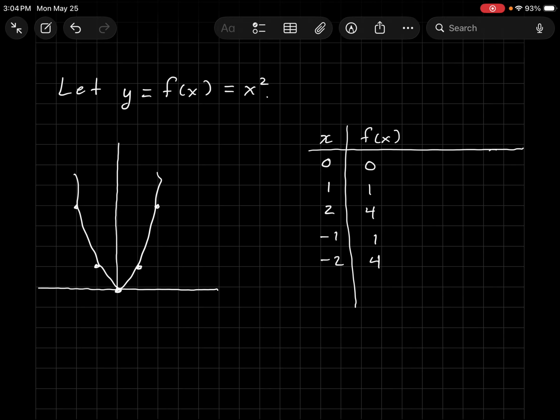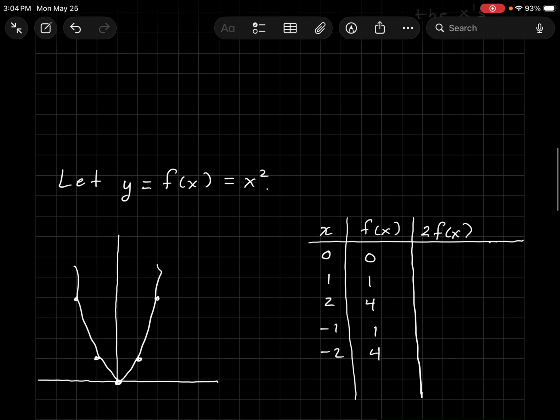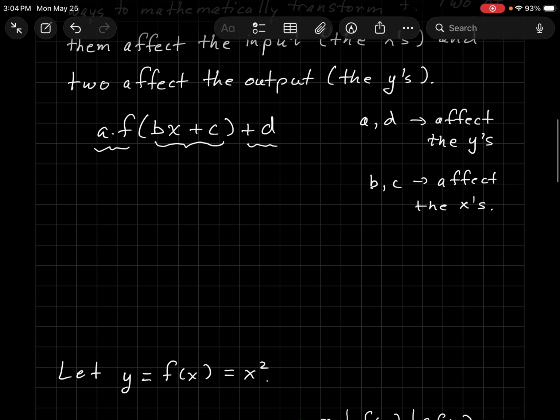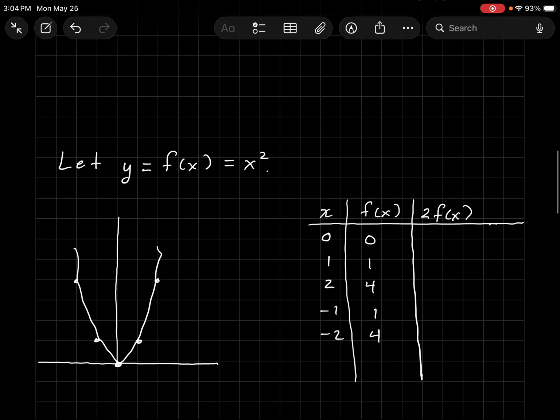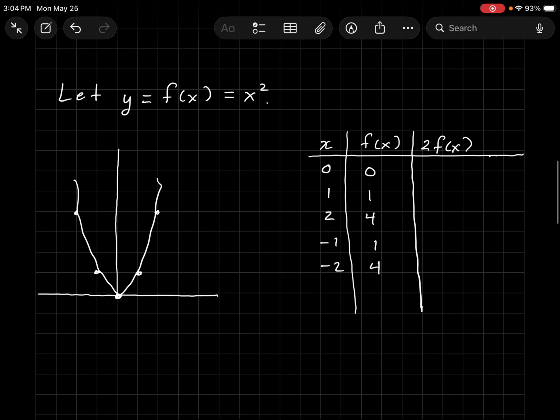What if I wanted to draw 2 times f of x? So just a note, that's like the a up here. We're multiplying the function by some number. Well, notice that we're doing 2 times f of x, which is really 2 times the y values.